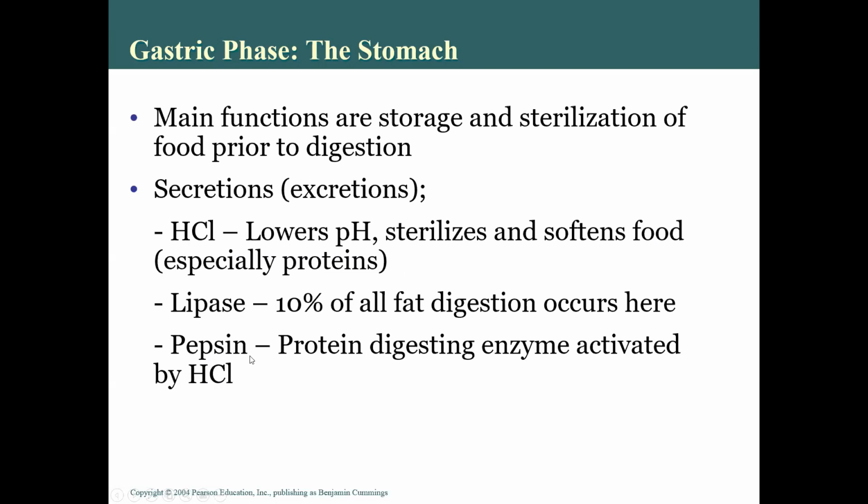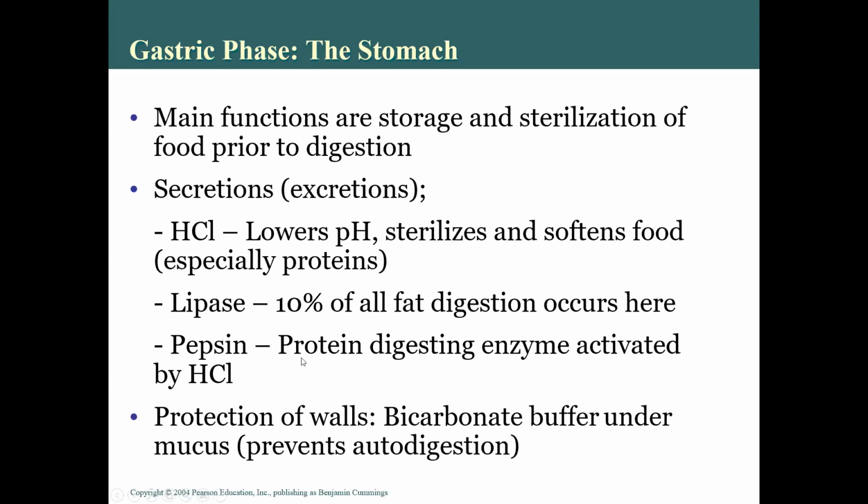Now, you don't want the pepsin active in the cell that produced it, because then it would digest the cell in which it was being produced. So you produce it in the inactive form, it becomes activated inside the stomach, and that way the cell that produced it is protected against its own action. Okay, so what else protects the walls of the stomach? Bicarbonate buffer. It absorbs hydrogen ions or protons.